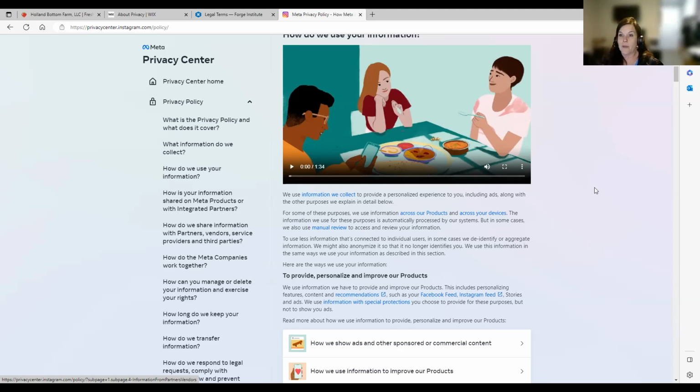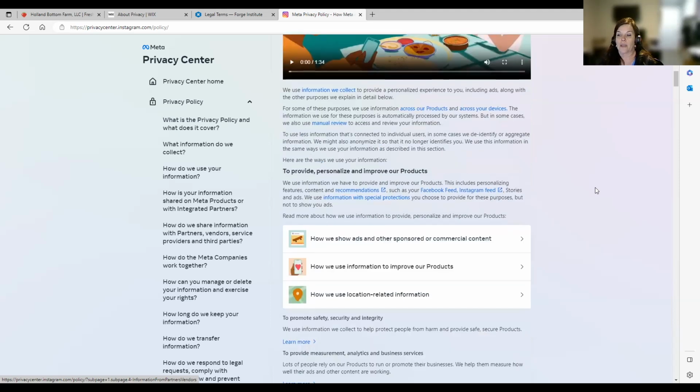Facebook is part of Meta, so I would say that that is definitely how they use your information, as well as they say to use it. They use it to improve their products.